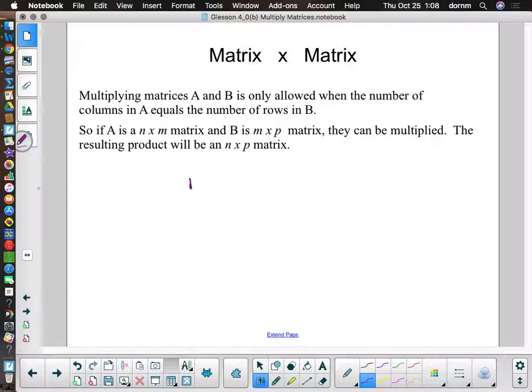Remember, we always name row by column. So those two must be equal in order for us to multiply.